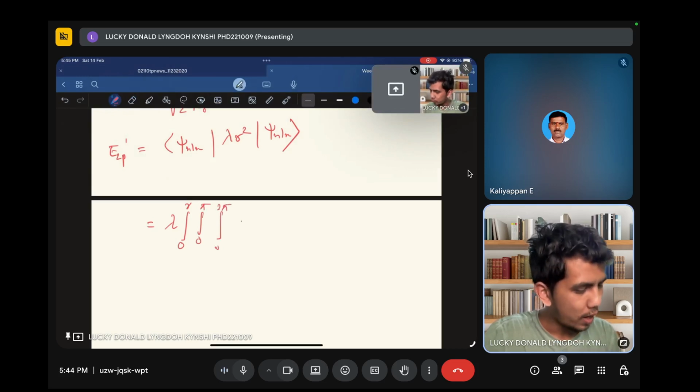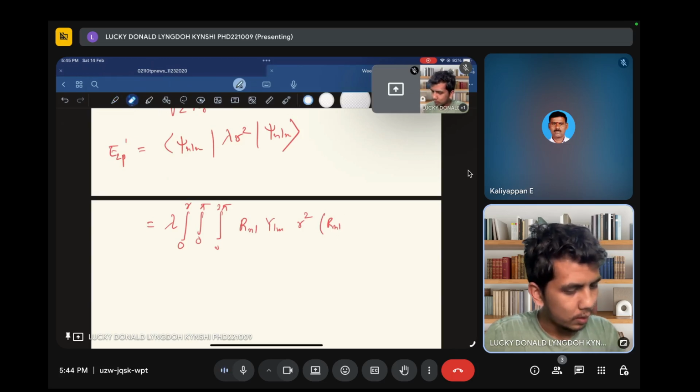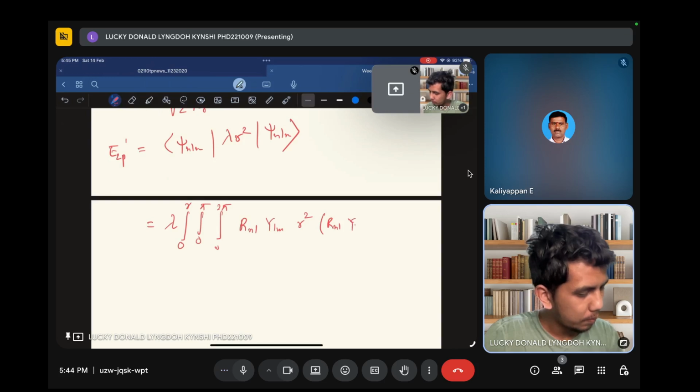R n l, Y l m, and you get r square here, and again R n l, Y l m, and again r square sine theta dr d theta and d phi.